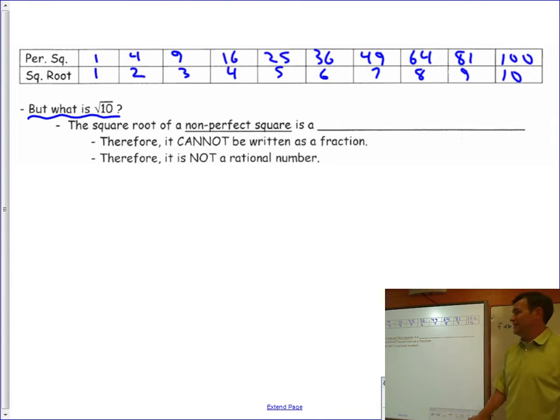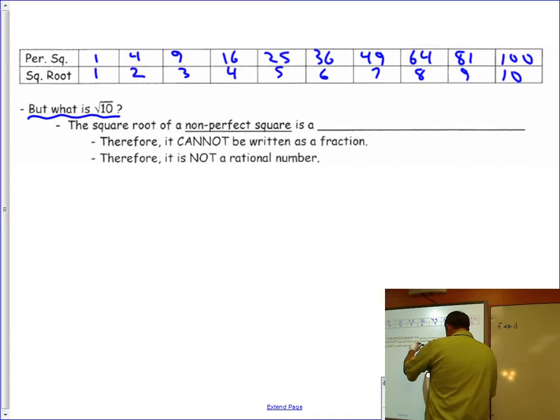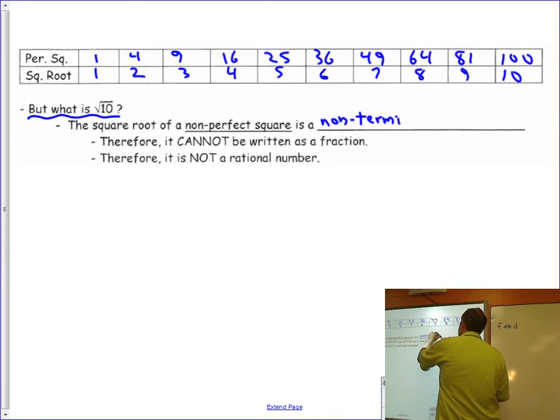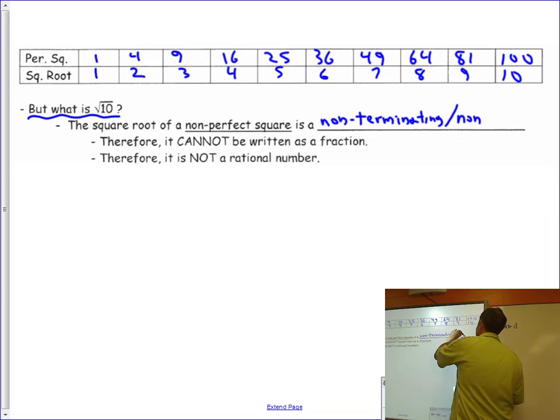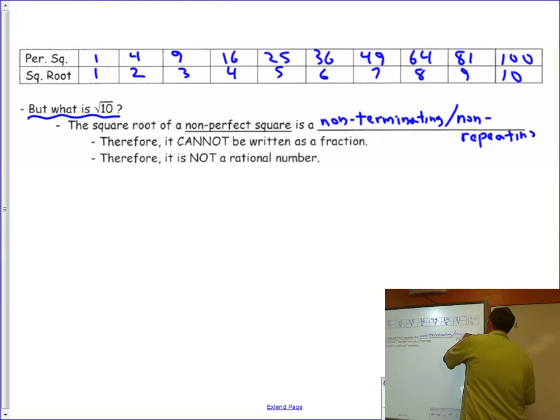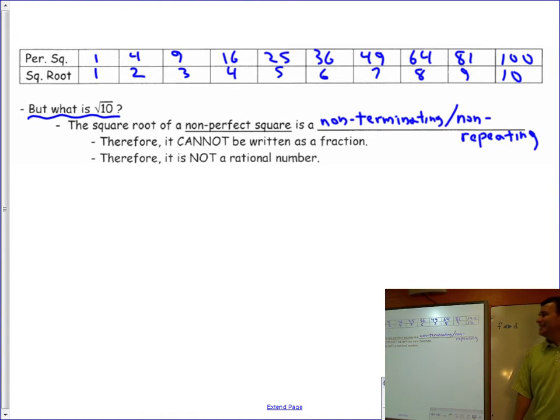The square root of a non-perfect square is a non-terminating, non-repeating decimal.